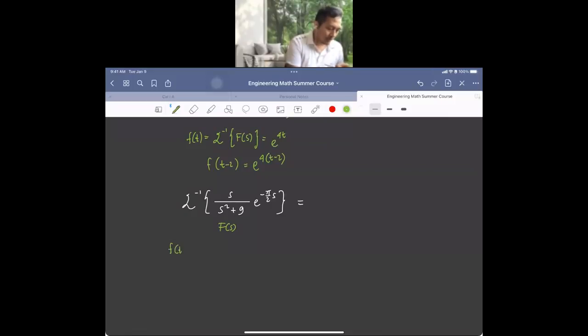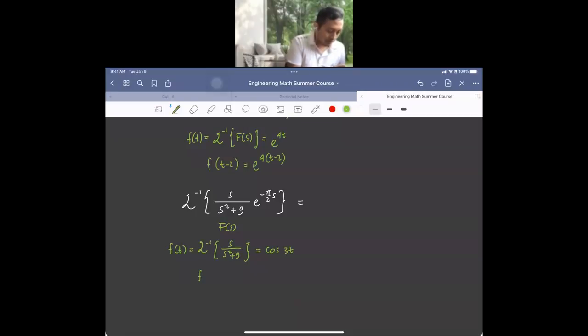We can write that f of t is the Laplace inverse of s over s squared plus 9, which is the cosine, with beta equal to 3t, right?